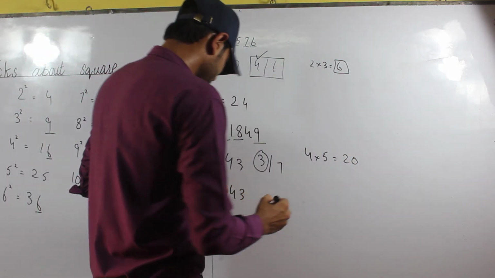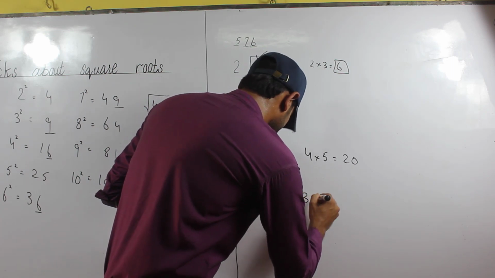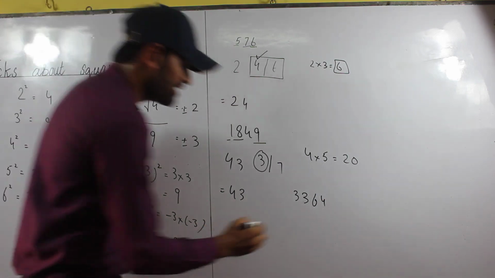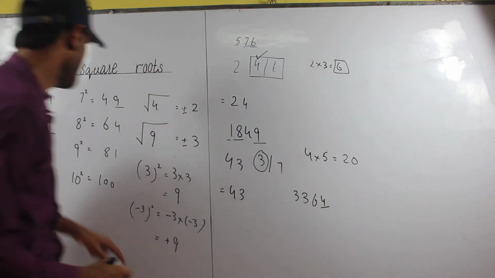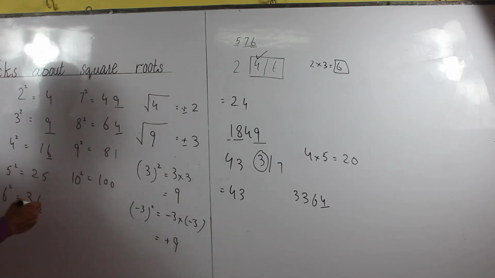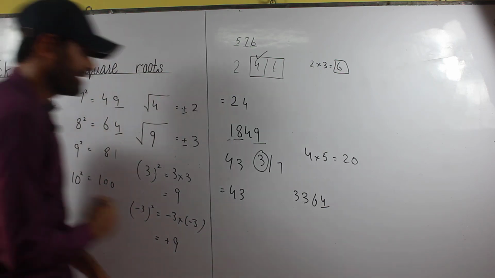Take another example, 3364. Again I check the last digit, that is 4, and the squares ending with 4 are those of 8 and 2.